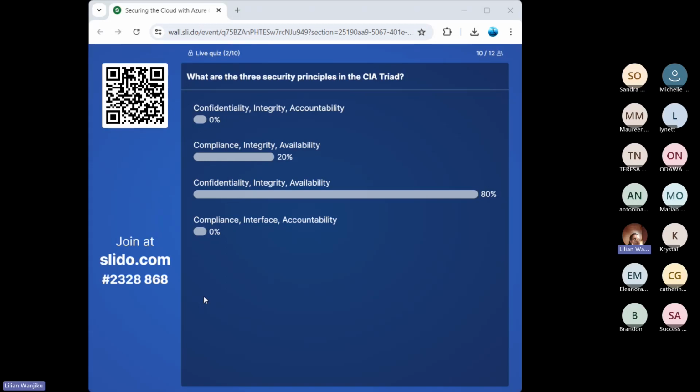The last one, confidentiality, integrity, and accountability, wasn't selected. So the correct answer is the third option: confidentiality, integrity, and availability. Compliance is not there.